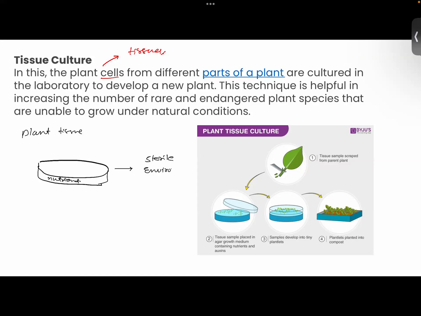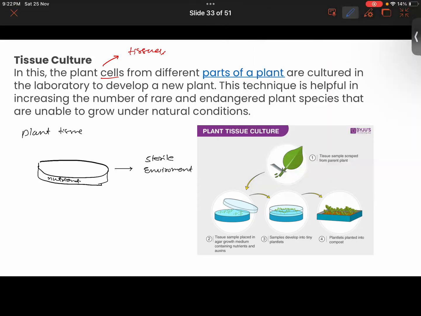What is a sterile environment? An environment that is made free from contamination. Since I will be growing a plant, I will make sure that there are no pests, no insects, no microbes to harm the plant tissue, right?